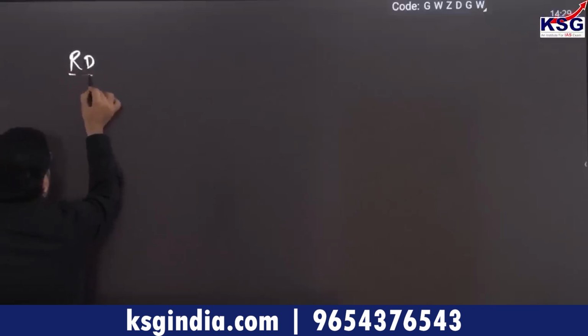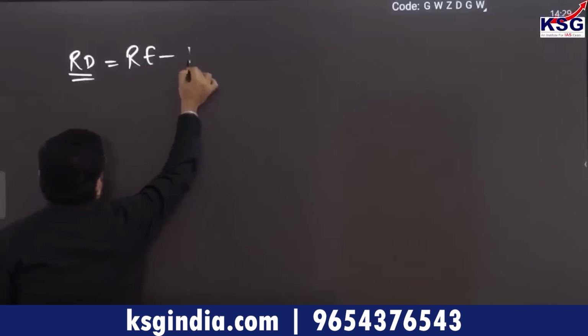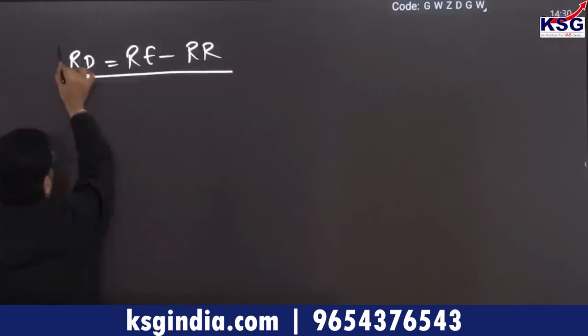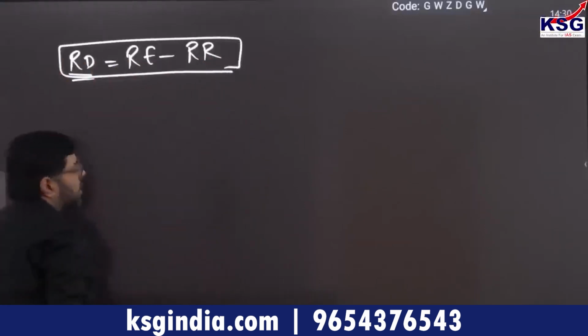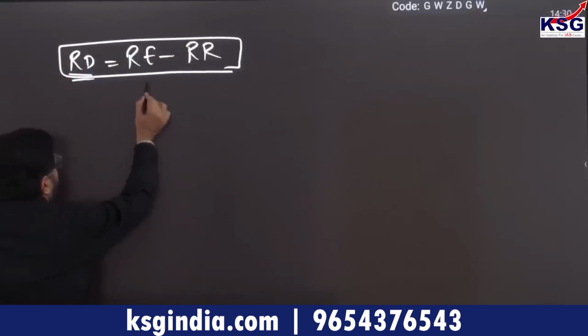Now when we calculate RD, as you know, RD is RE minus revenue receipt. There will be some value.